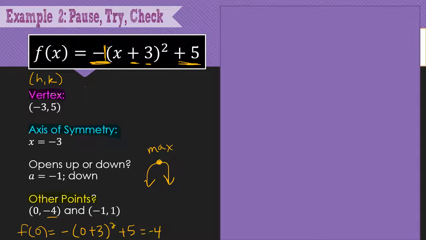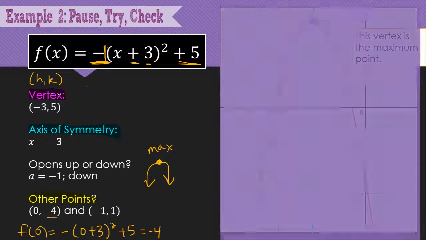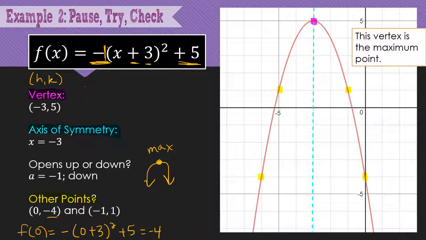Now before I show you how I evaluate at negative 1, I'm just going to talk about the graph for a second, and then I'll come back to why I chose that point. My vertex this time is at negative 3, 5. So I went over negative 3 and up to 5, and that's where we're getting this maximum point of my vertex, where that parabola is going to start opening down in either direction. My axis of symmetry runs through that point at x equals negative 3.